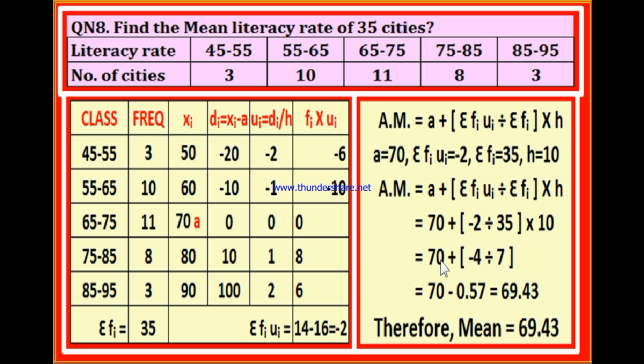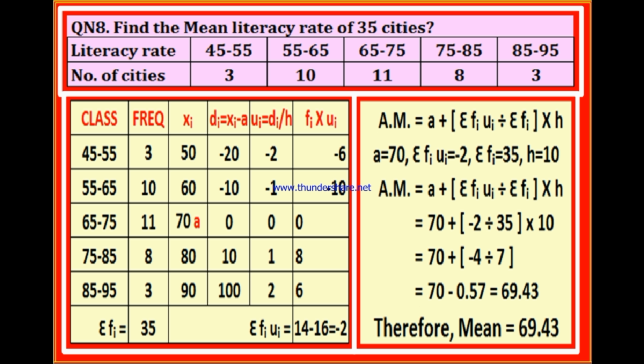This is 70 minus 4 divided by 7. 4 divided by 7 is 0.57. What is 70 minus 0.57? 69.43. Therefore, the arithmetic mean of the given data is equal to 69.43.